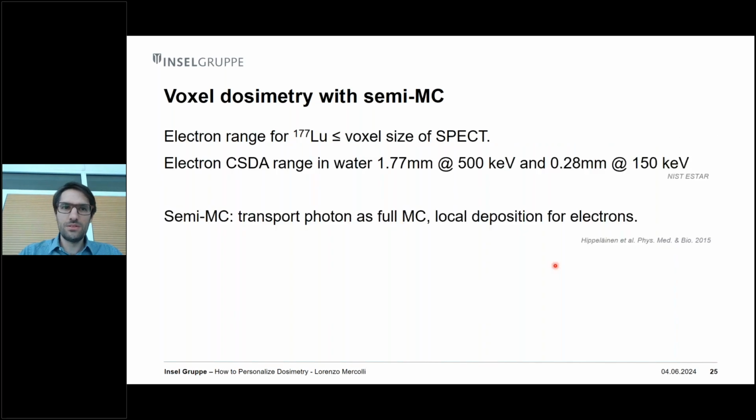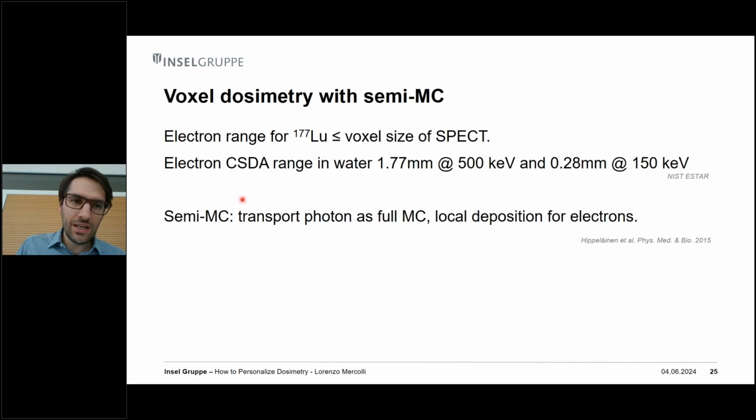So the electron range, at least for lutetium, is much smaller than the voxel size or the resolution of a SPECT image. And the idea that these people had is to separate the transport in matter of the photons and the electrons.